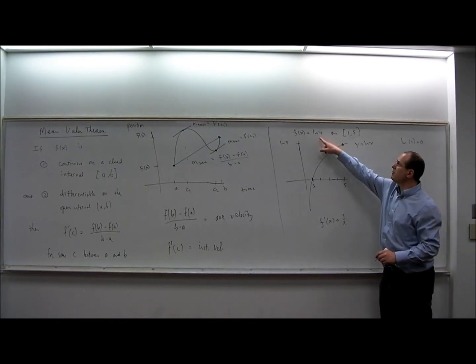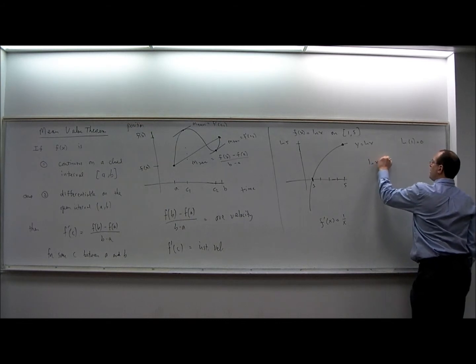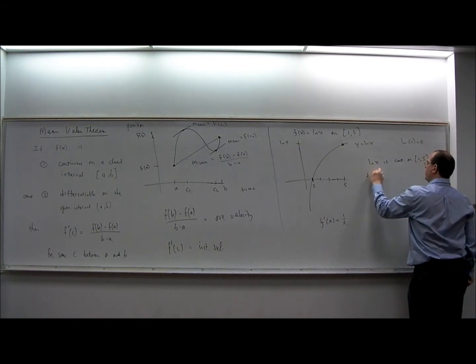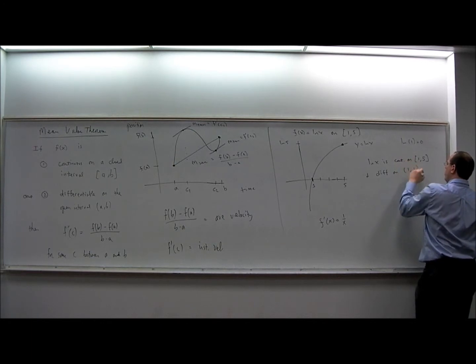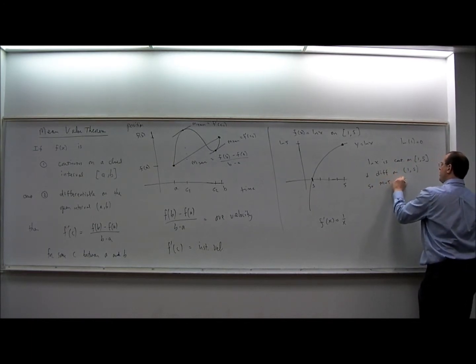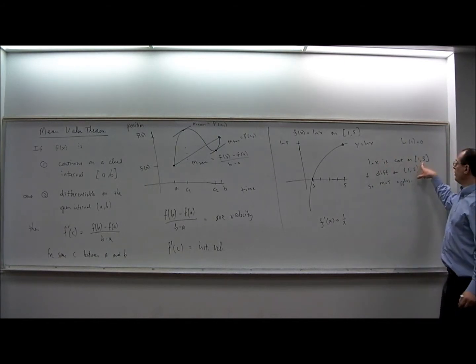So our function does meet the conditions of the mean value theorem. The log of x is continuous on the closed interval from 1 to 5, and differentiable on the open interval from 1 to 5.